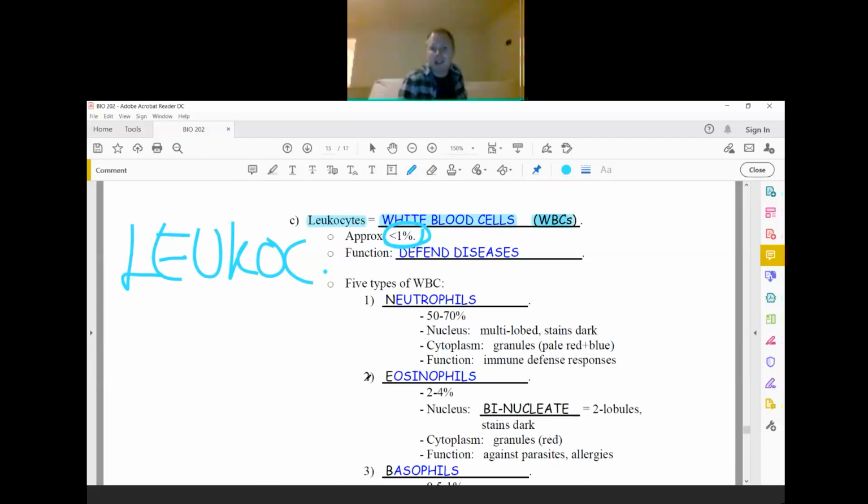So what white blood cells really do is defend you against diseases. That's their main function. And there are going to be 5 different types of white blood cells that I want you to know. In the exam, you will not need to be able to tell them apart from one another in terms of how they look. In the practical, I think that you are asked.